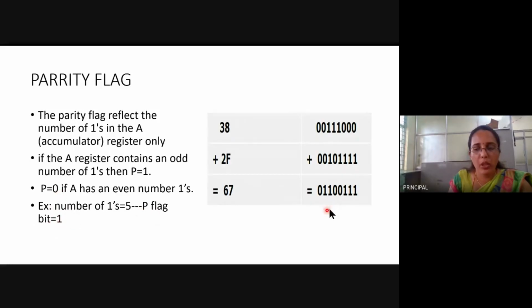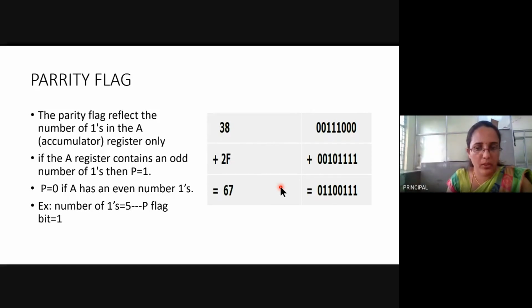We look for odd parity. If the number of ones is odd, then P is 1. If it is even, then P is 0. The number of ones or zeros has to be considered only in the accumulator, not anywhere in R0 to R7.